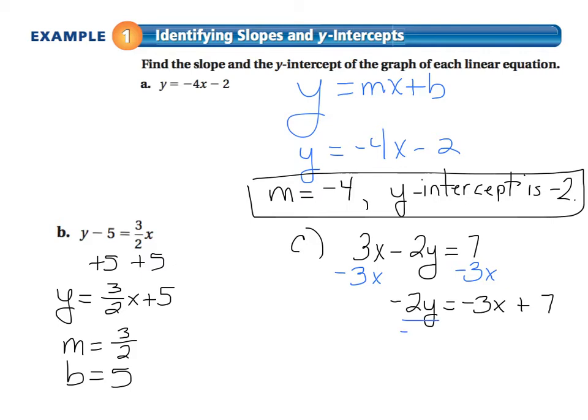The next step is the division property of equality. I have to divide everything by negative 2, and so that would give me y equals positive 3 halves x, because negative divided by negative is a positive, minus 7 halves. So my slope would be positive 3 halves. My y-intercept would be negative 7 halves.